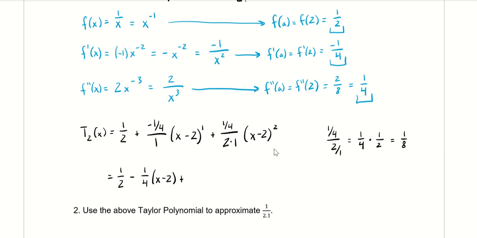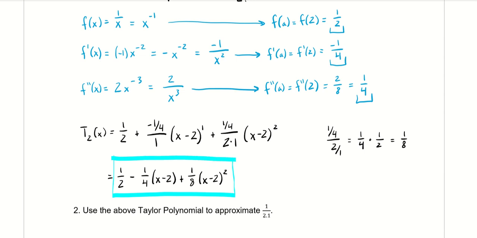Remember, when we're dividing a fraction by a fraction, we take the numerator fraction and multiply it by the reciprocal of the denominator. So 2 over 1 becomes 1/2, and this becomes 1/8 times x minus 2 to the 2. So this is my second degree or quadratic approximation or Taylor polynomial.